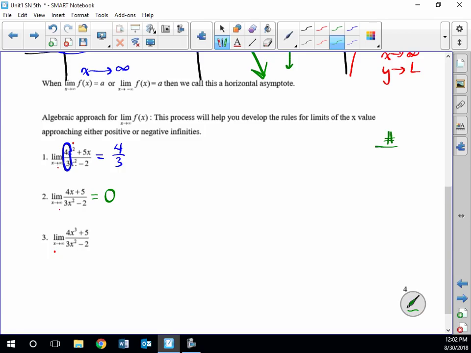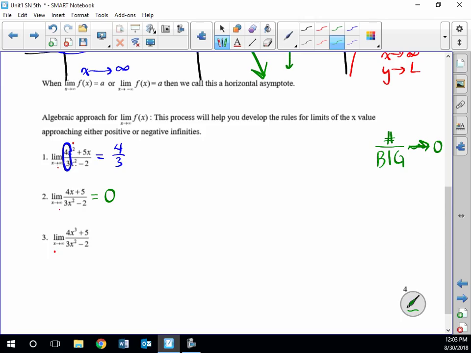Anytime you have a number over something very big, you could say it's going to 0. The denominator decides how many pieces you're cutting the numerator into. So if you cut the numerator into infinitely large pieces, then you're getting infinitely smaller pieces. They're going to 0.